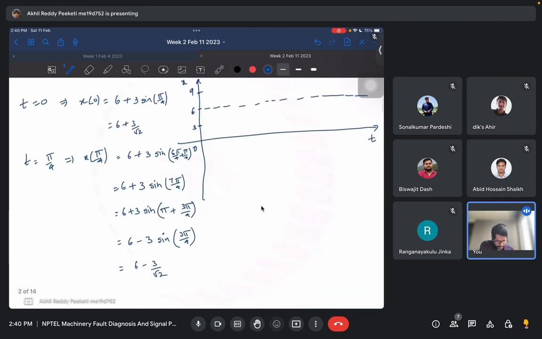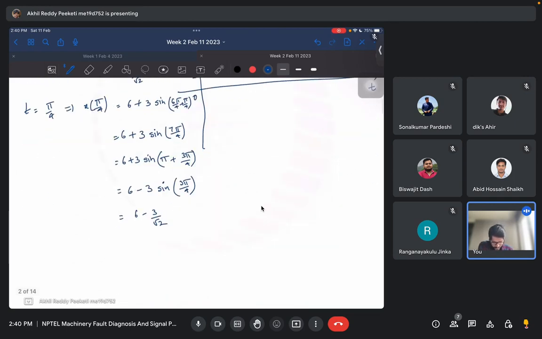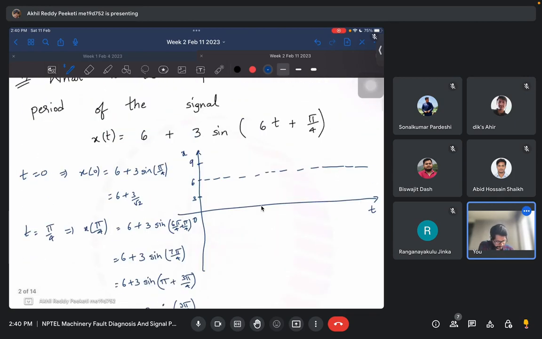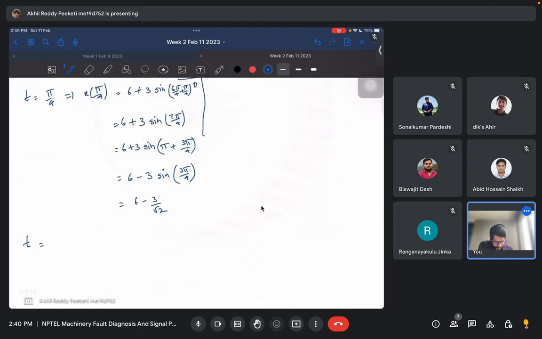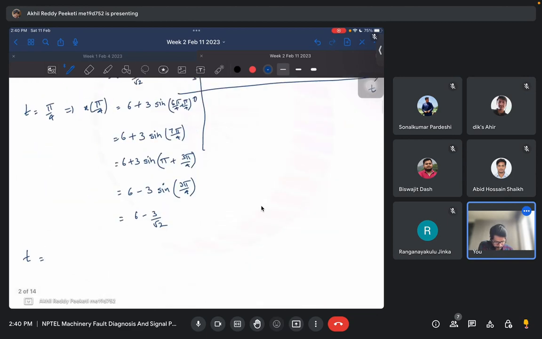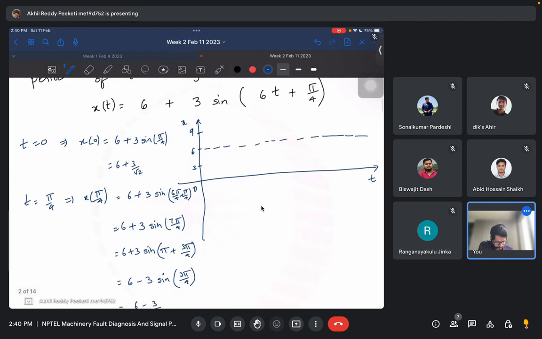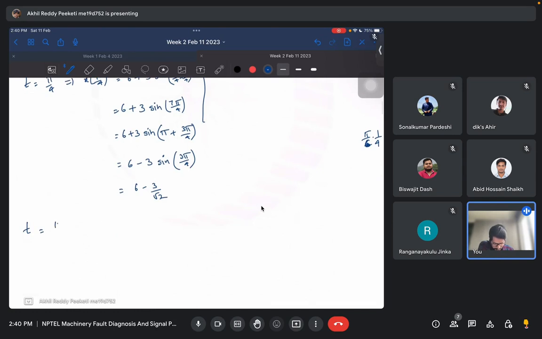So to look at in between values, we can try one more case. So let's try t is equal to pi by 6 into 1 by 4.